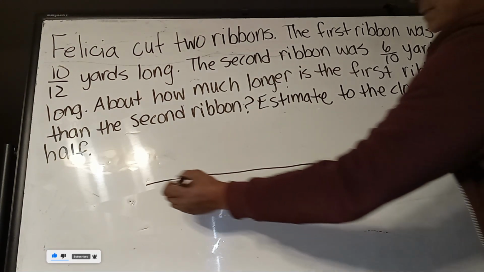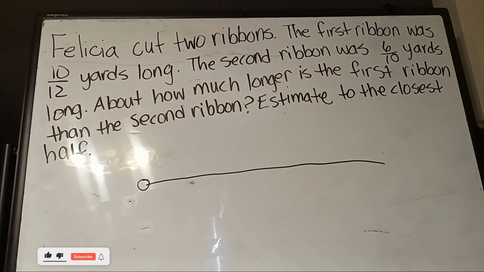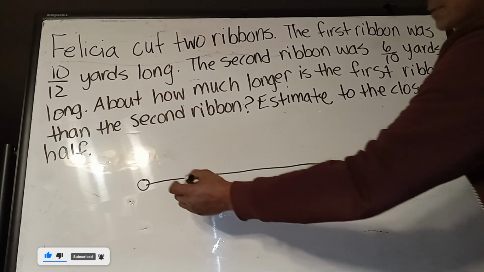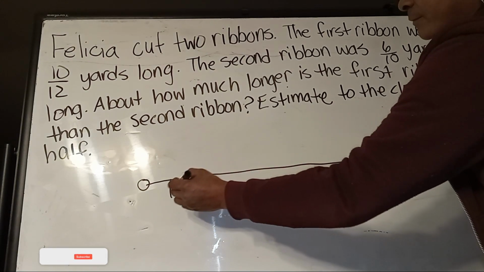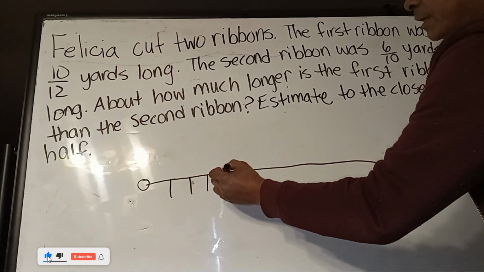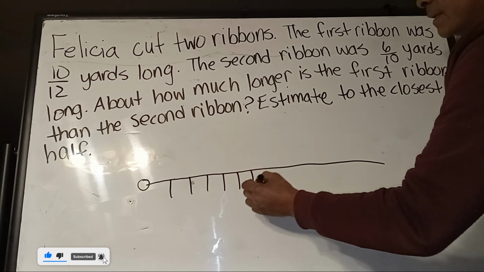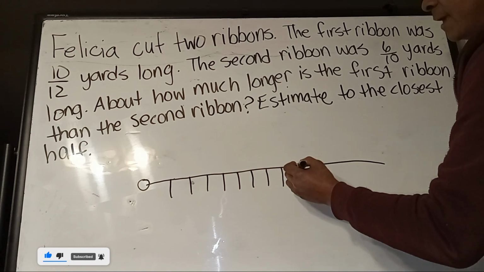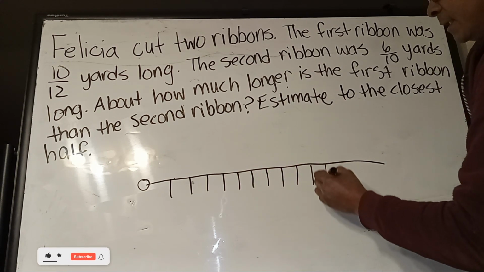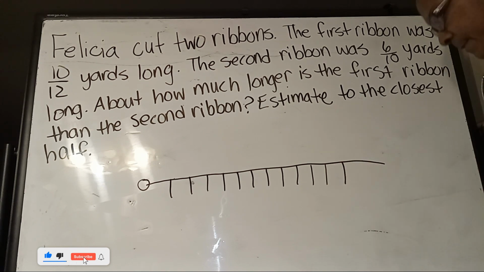And it always starts at 0. We look at our denominator, and how many partitions is this line split up into? 12. Exactly. So that just means how many pieces is this line split into? So we're going to make our mark. We're going to have 1, 2, 3, 4, 5, 6, 7, 8, 9, 10, 11. And this one is going to be our whole mark.